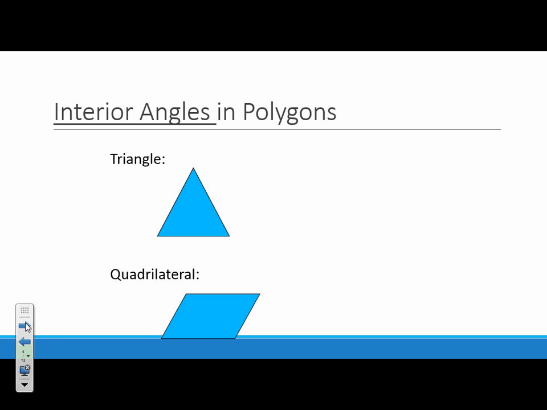Also, let's take a look at angles inside some shapes. You have this in a chart format in your notes. First, a picture of a triangle. A triangle is a three-sided shape with three angles. Do you remember how many total degrees there were in a triangle? Hopefully, yes.